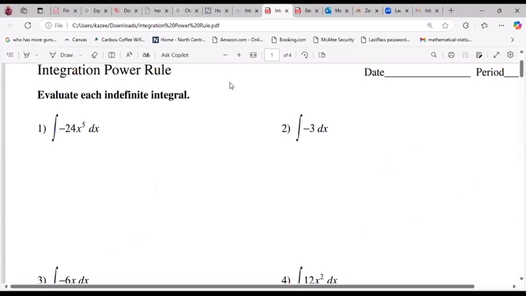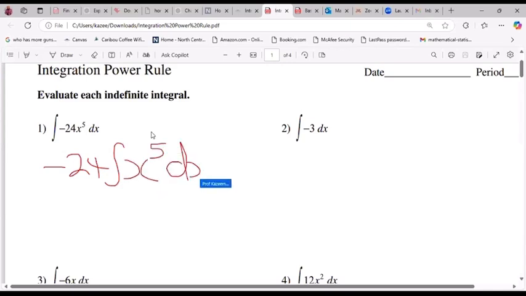When you take a look at this one now, if I want to integrate it, I first write negative 24 outside the integral. I'm left with this.